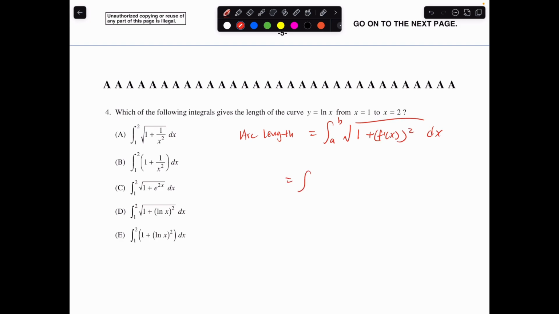In this case our bounds are from 1 to 2, and the derivative of ln x is 1 over x, which I'm going to square. So that's the integral of the square root of 1 plus 1 over x squared dx. So the answer is A.